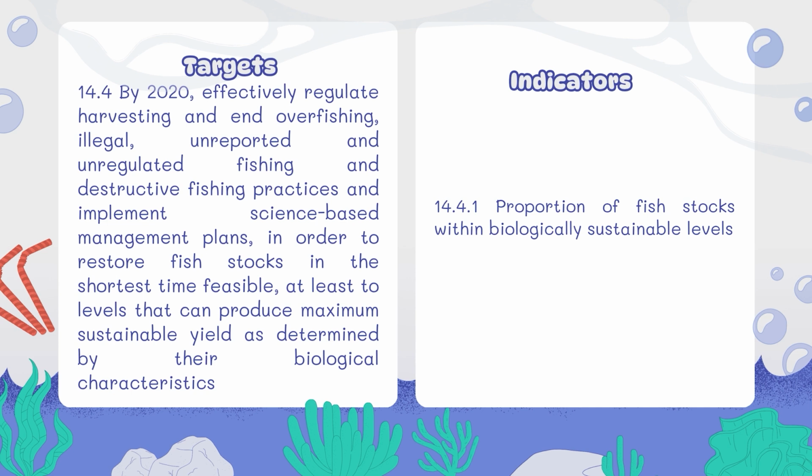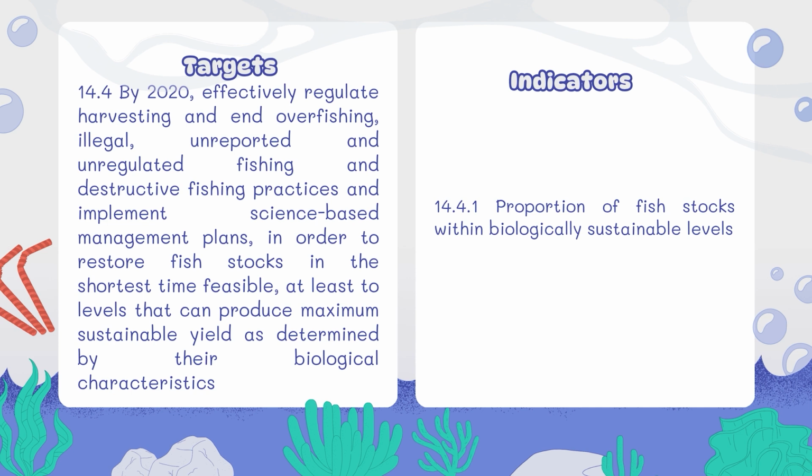We need to restore the fish stocks at the earliest in a timely, feasible way. At least we have to maintain the maximum sustainable yield as per biological characteristics, because each population species has its own maximum sustainable yield capacity. We need to maintain that.